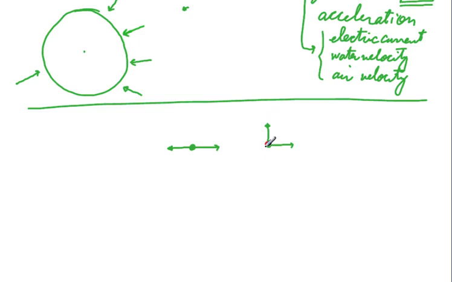Or just imagine there is an object here and you are putting two forces on it. What would be the resultant movement of this object? It's going to move in this direction, and the force that acts on it is going to be equal to the length of this red curve that we have drawn. So this is referred to as a resultant.